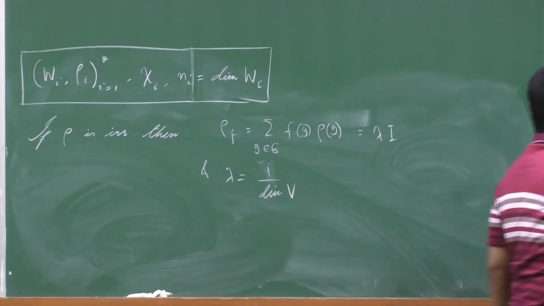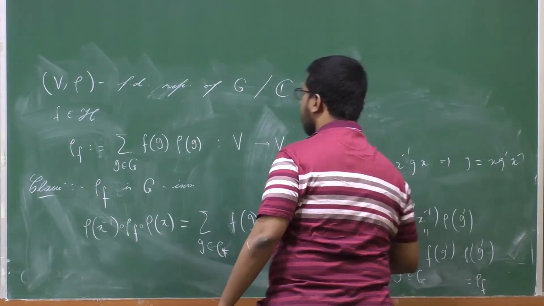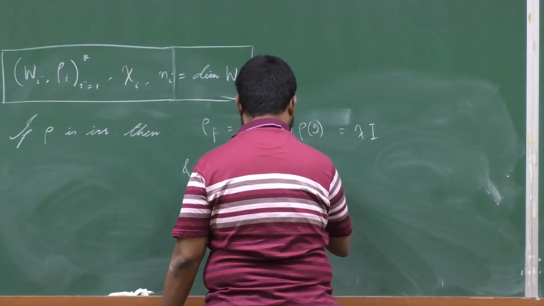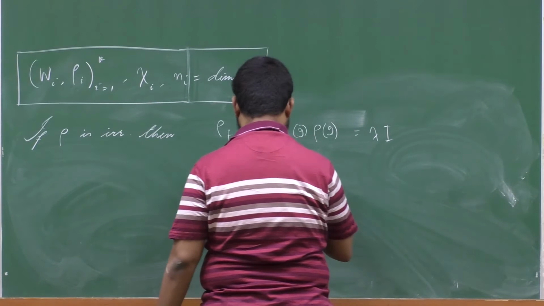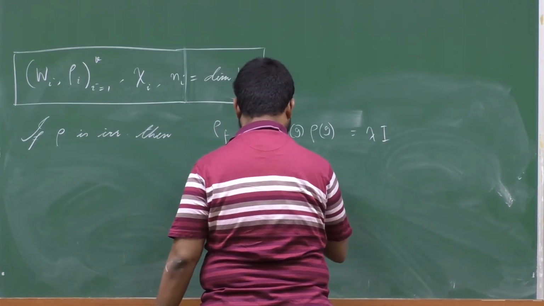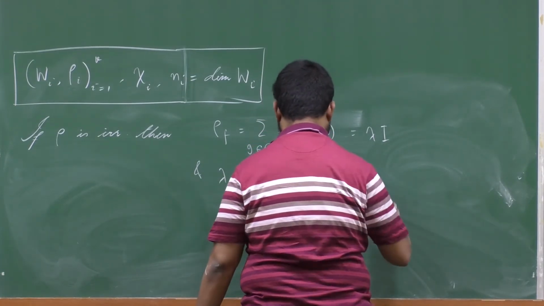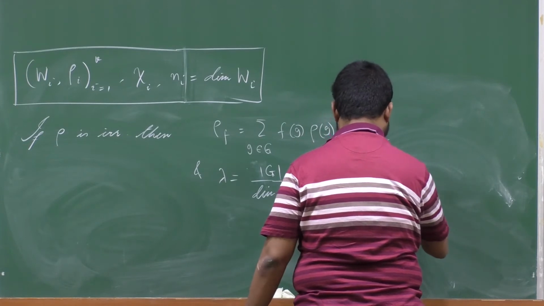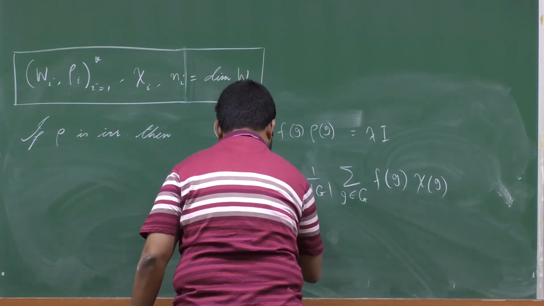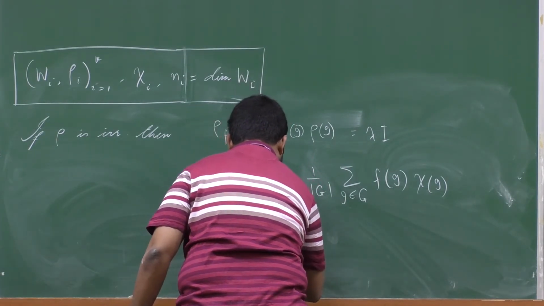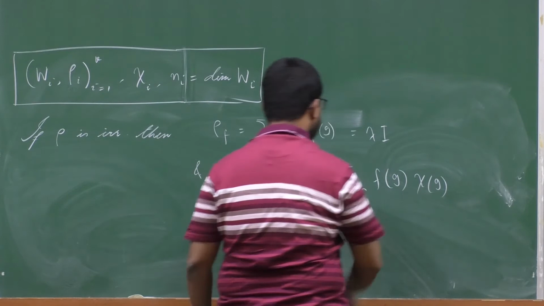If we assume chi is the character of this rho, then here we obtain the sum of f(g) chi(g), scaled appropriately. So basically this is the order of G divided by the dimension of V, times what is nothing but the inner product of f and chi bar.